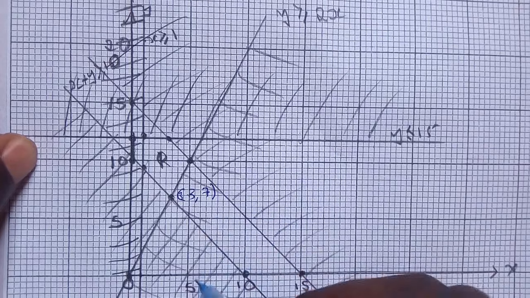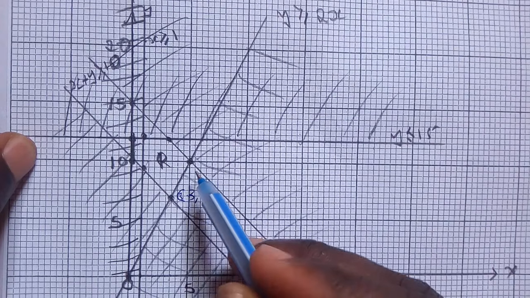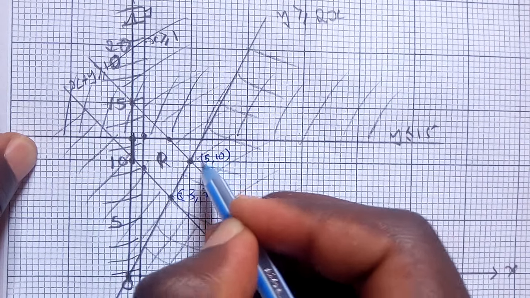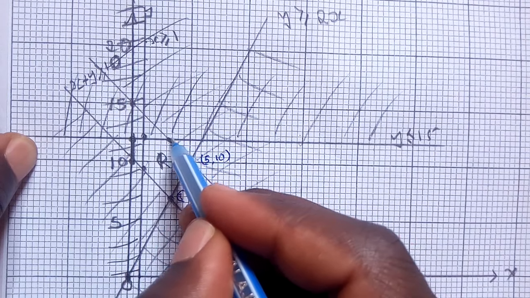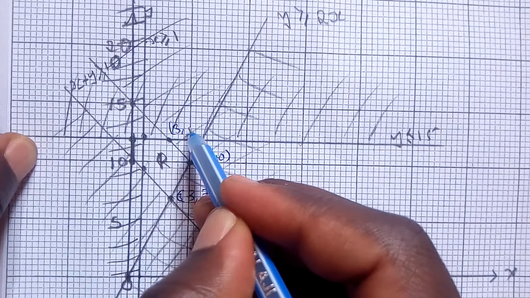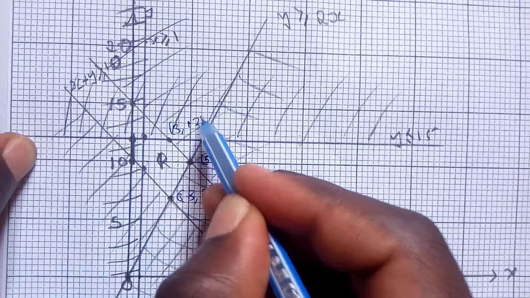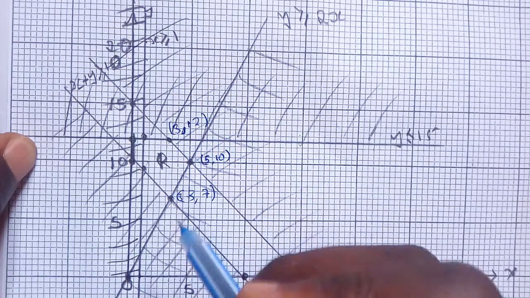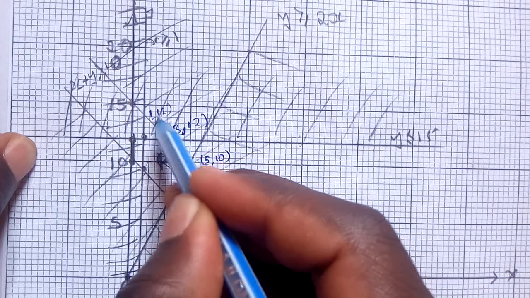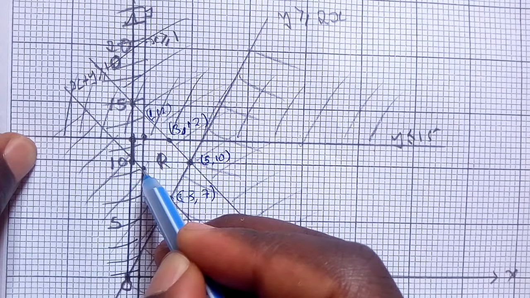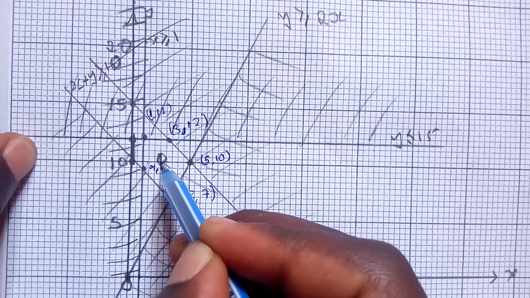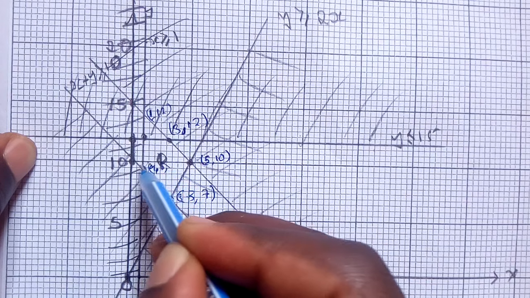And this one will be 5, 10. This one will be 3, 12, sorry, 3, 12. And this will be 1, 12. This other one will be, this is 9.5, 1.